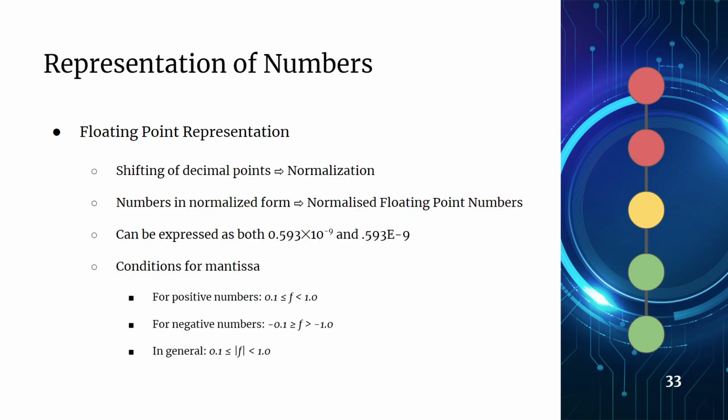So the standard we are trying to follow over here, in this case, when a number is given, we first shift the number using the decimal point. What we want is a non-zero value to be present after the decimal point, and no non-zero value to be present before the decimal point.